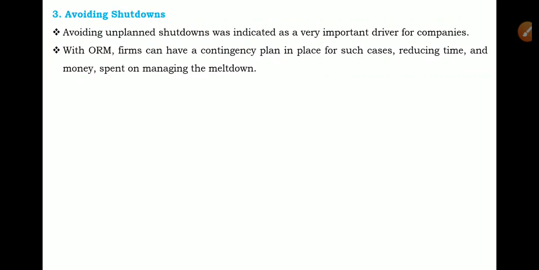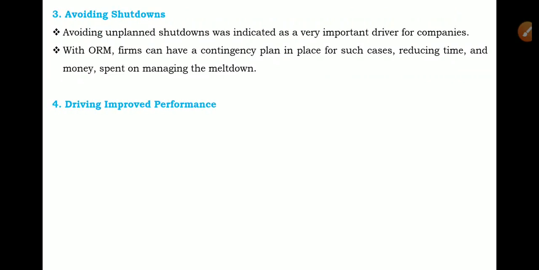So avoiding unplanned shutdowns will happen if they have proper operational risk management in the company. If they have good and sufficient operational risk management technology or methodology, with the help of operational risk management they can easily reduce or mitigate the risk involved in the operations of that company.